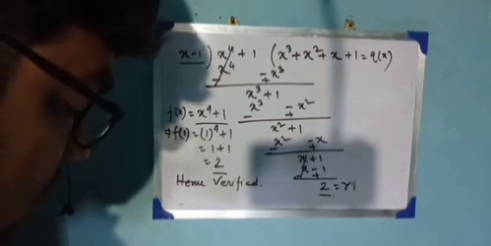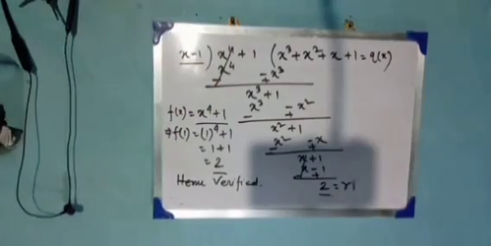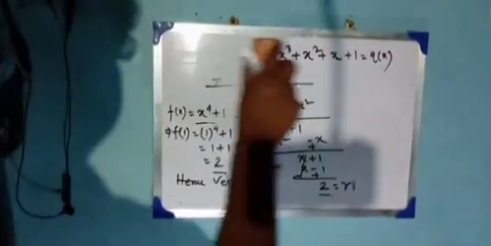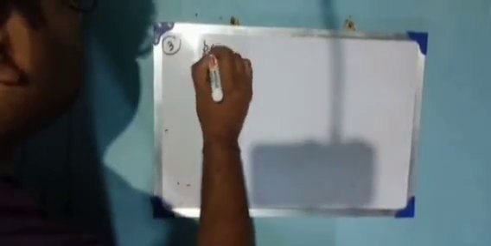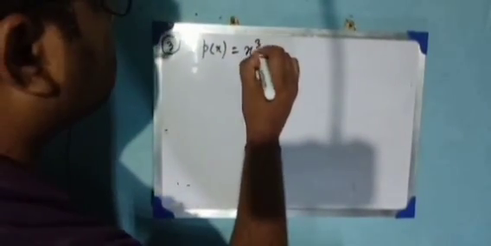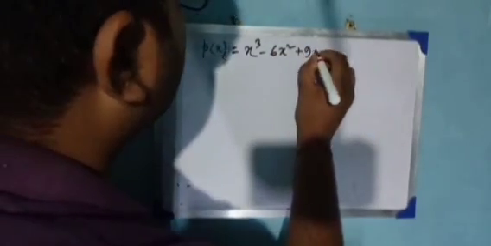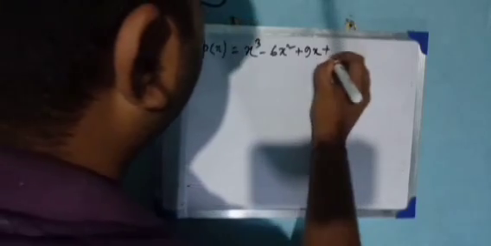Next, come to question number 3. Now question number 3, p(x) is given: x cube minus 6x square plus 9x plus 3, and g(x) is given: x minus 1.